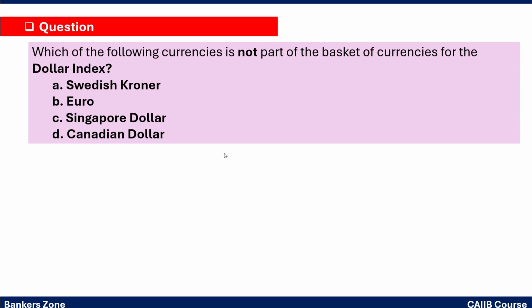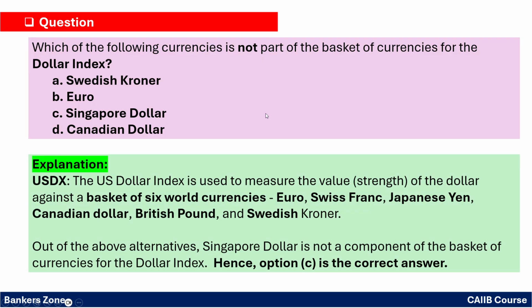Okay. Which of the following currencies is not a part of the basket of currencies for the dollar index? Now understand first what the dollar index is. The USDX, called the dollar index, is used to measure the value or strength of the dollar against a basket of 6 currencies. So in the USDX, there are 6 currencies in the basket: the euro, the Swiss franc, the Japanese yen, the Canadian dollar, the British pound, and the Swedish krona. Right?